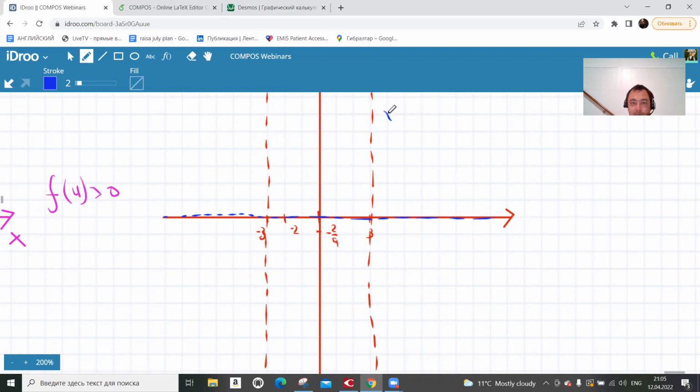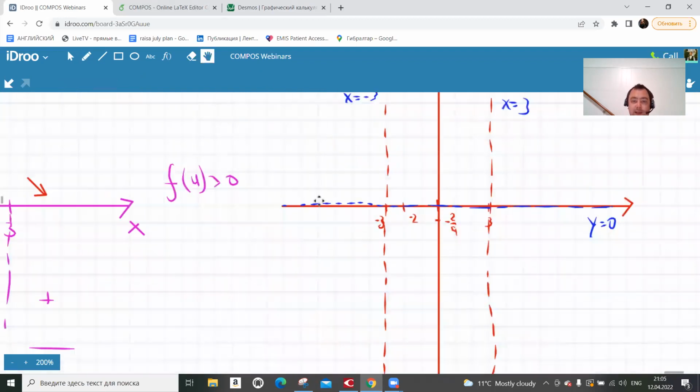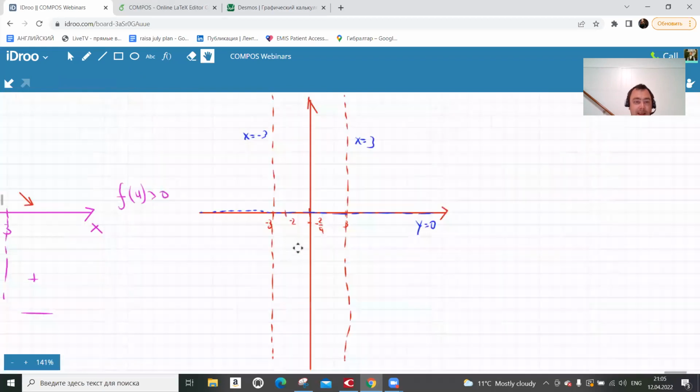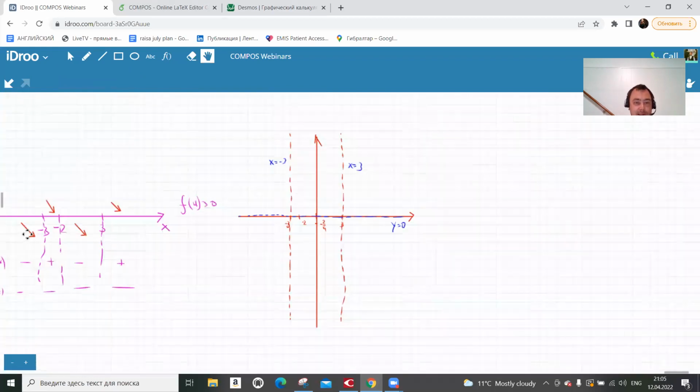So the asymptotes are x equals 3, x equals -3. I mean, you have this in A level, but not in such detail. Okay, so y equals 0. And then we'll see that the function is negative and decreasing, and it has 2 asymptotes. So it's going to be like that.